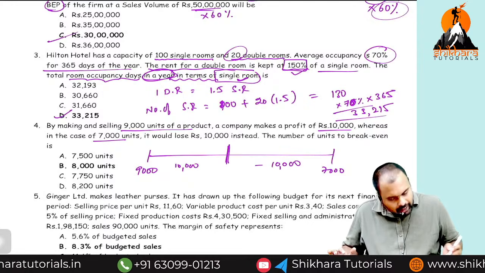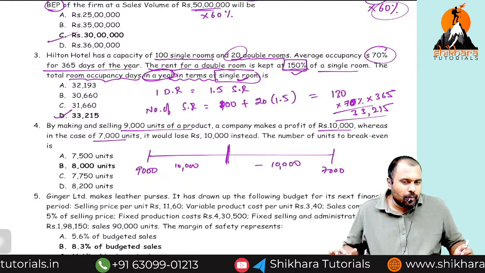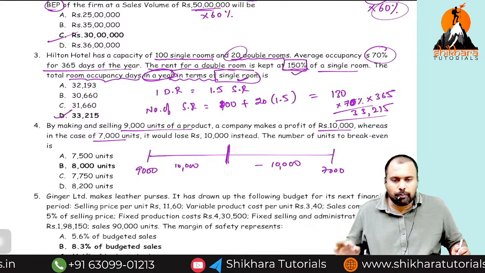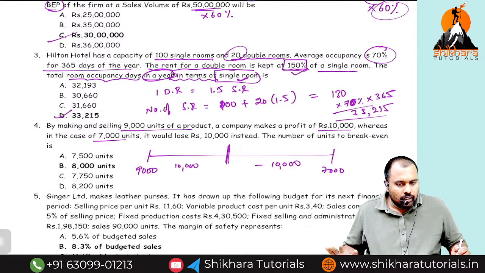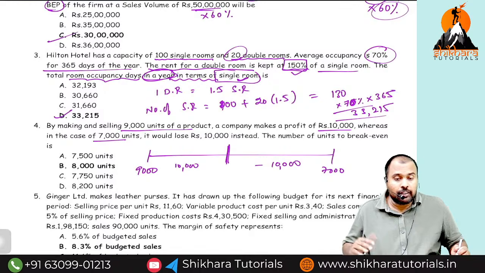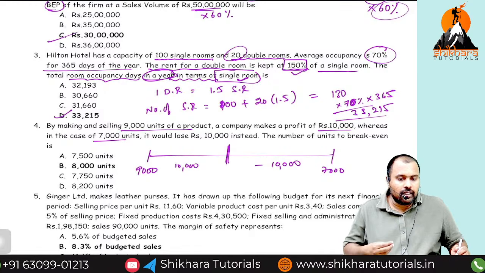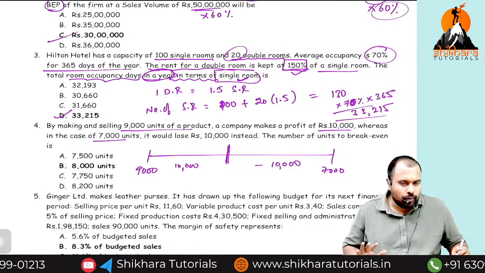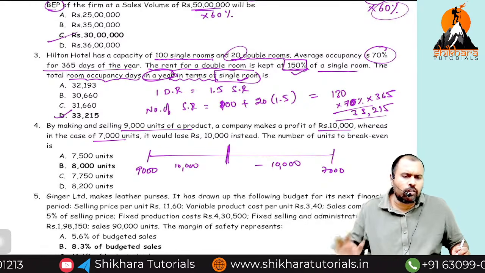So you have to find the break even. But remember carefully, fixed cost never impacts your break even. Fixed cost is not the reason for a change in profit. Change in contribution is always equal to change in profit. Fixed cost is always constant.